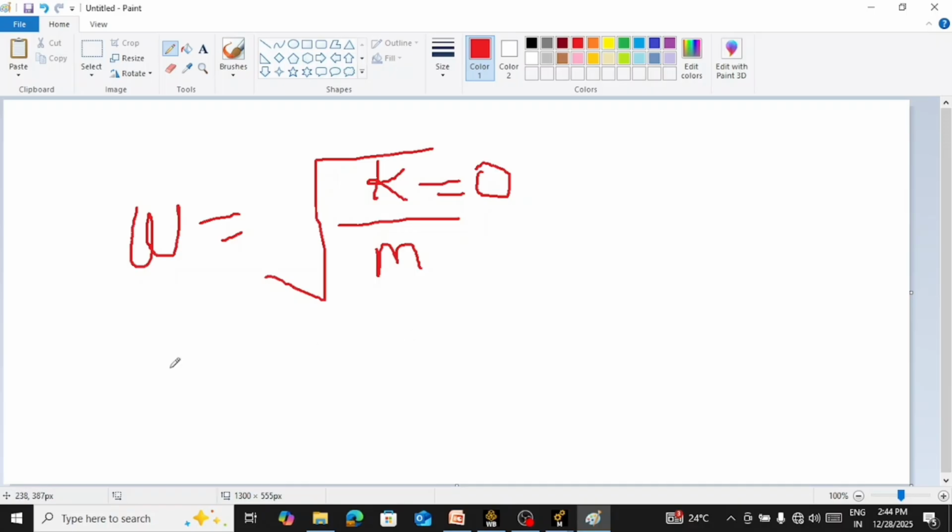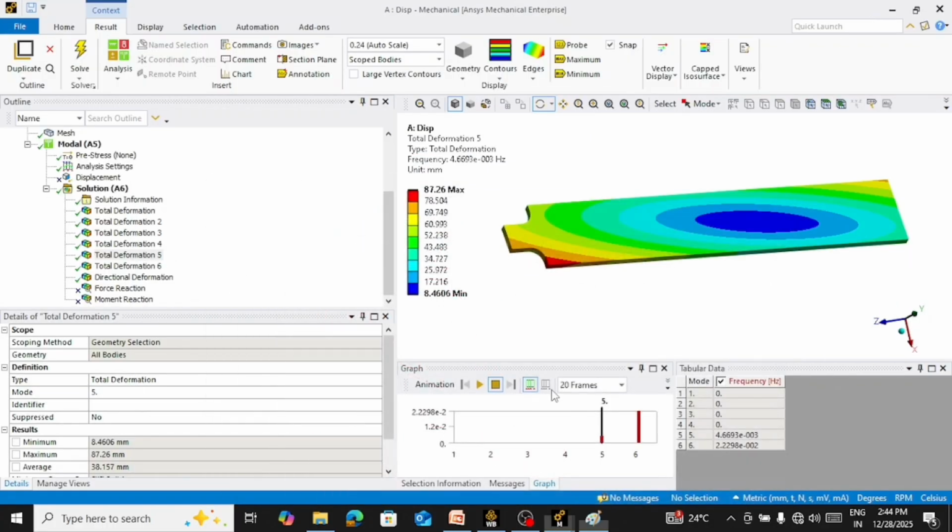So that's why we are getting all the natural frequencies as 0.